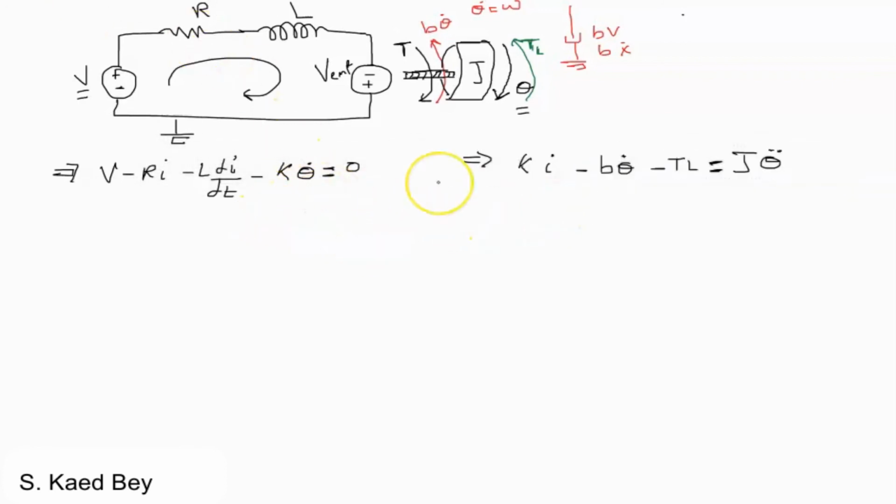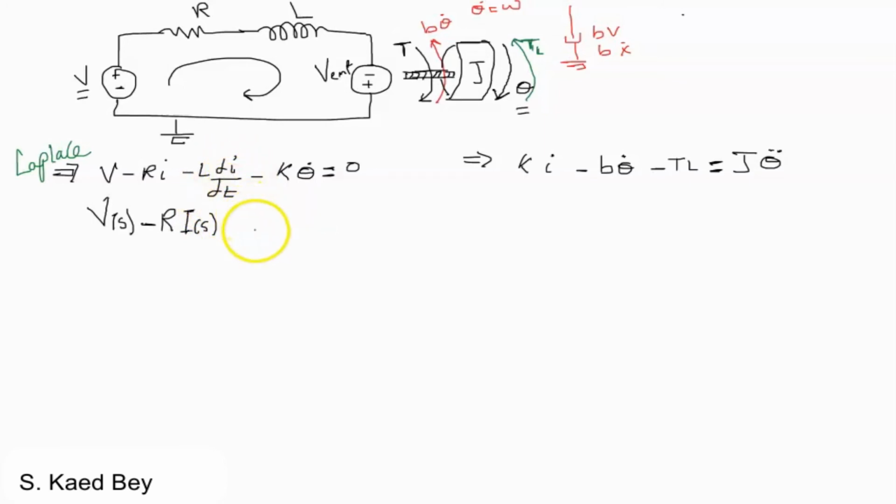Okay, so applying Laplace to both equations, we get the first one: your voltage supply, this is the input voltage. Now I is my variable, so that becomes I(s) in the Laplace domain as well.